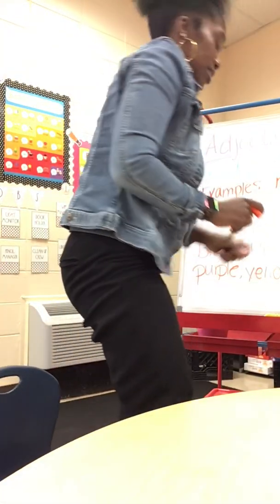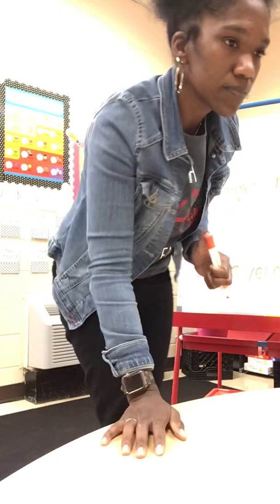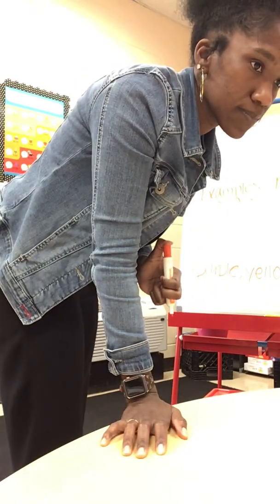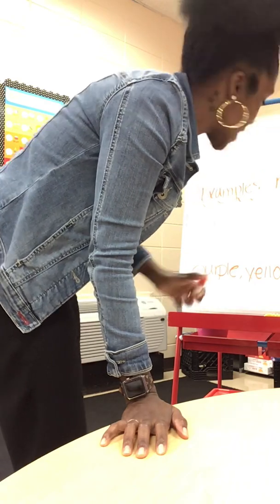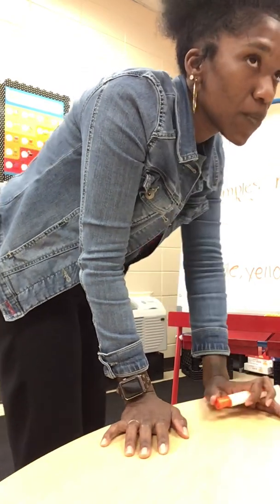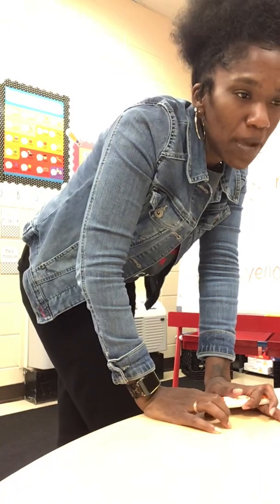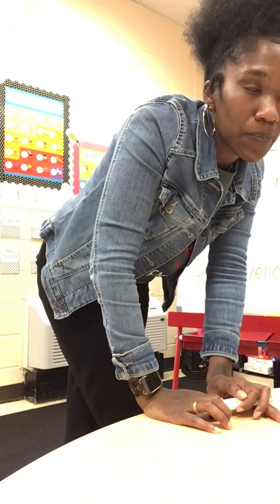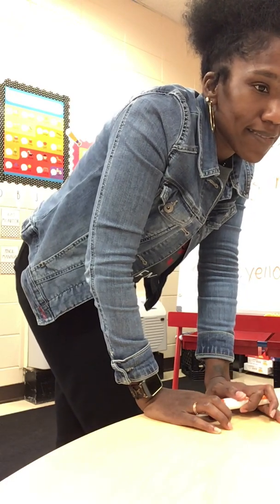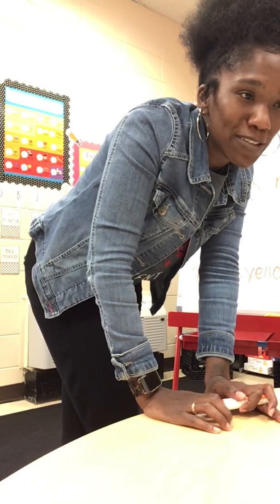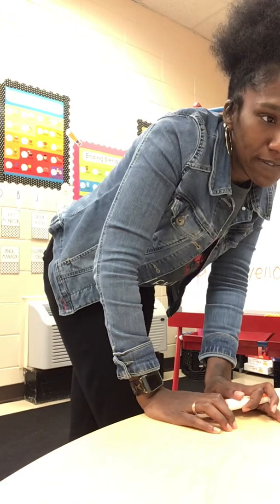Ryan, give me an adjective, a word that describes. It doesn't have to be a color. Think about how you would describe someone. Like think about your dad. Is he tall or is he short?